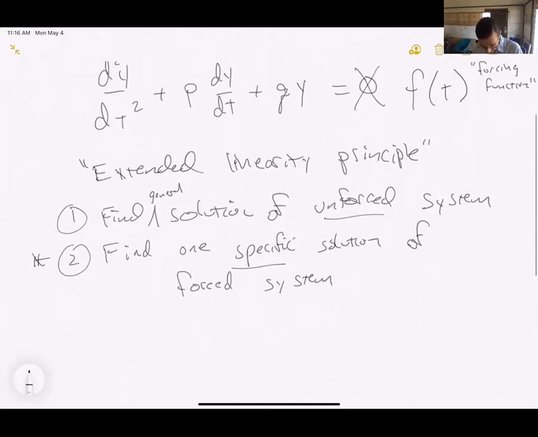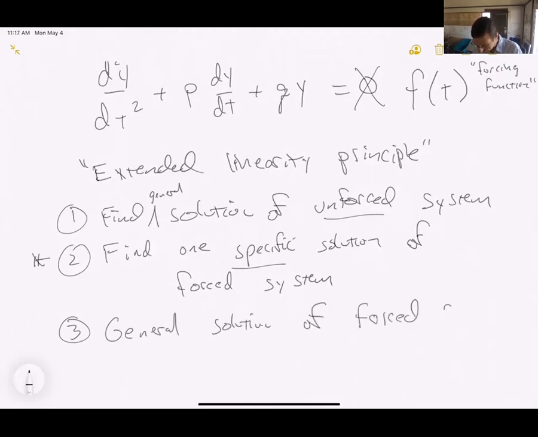And then the third step, the general solution of the forced system, is the sum of those two things. It's 1 plus 2. Just add those. So you just find one specific solution of the forced system and all solutions of the unforced system and add them, and that gives you all solutions of the forced system.